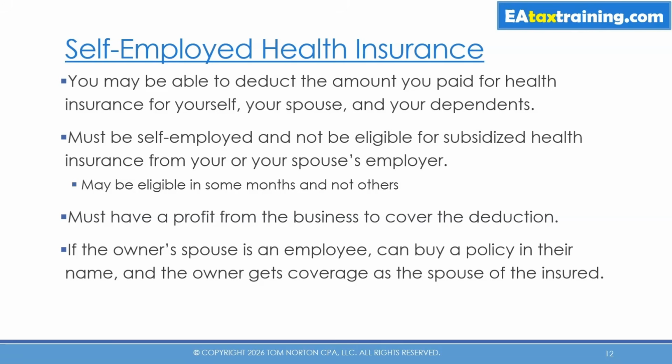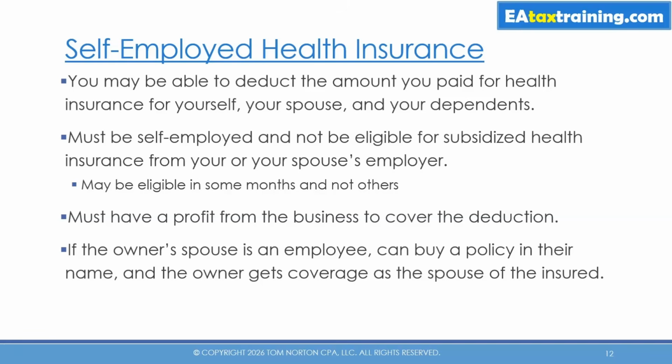So as a recap, in order to qualify for the self-employed health insurance deduction, you must be self-employed and not eligible for subsidized health insurance from your or your spouse's employer. And you have to have a profit from the business in order to cover the deduction. So if you only have a $5,000 profit from the business, then you can only take up to a $5,000 self-employed health insurance deduction.